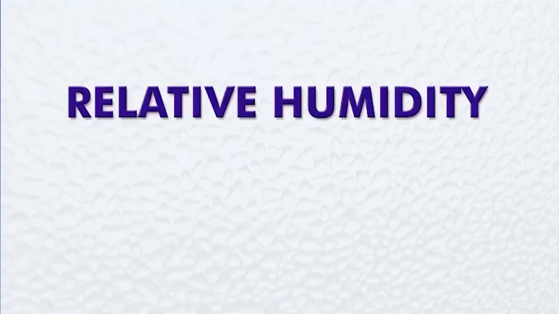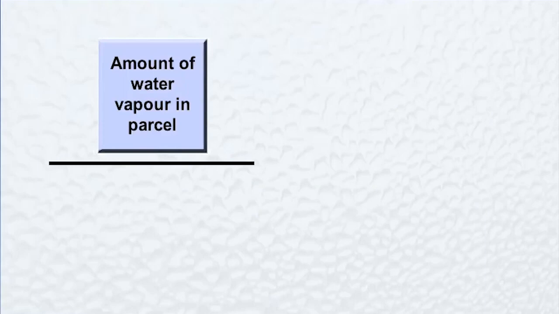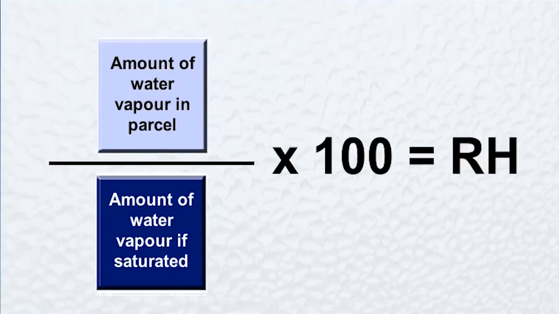We are now going to talk about humidity and its measurement. We can reference humidity with two specific terms: relative humidity and absolute humidity. Relative humidity is the percentage degree of saturation, or put another way, it is the amount of water vapour a body of air actually contains, relative to the maximum amount it could hold, expressed as a percentage.